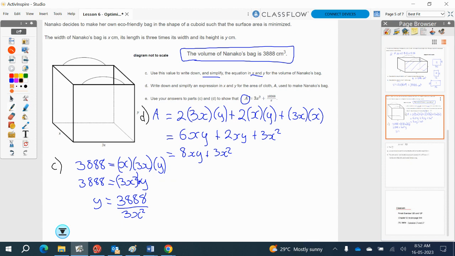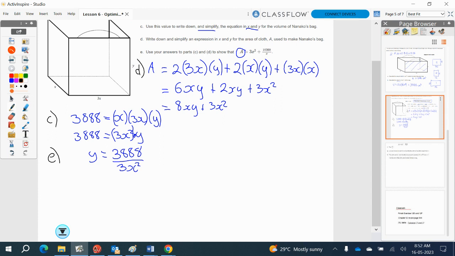We are on E. What we need now is to take this formula here and insert this. So the area is equal to 8x bracket 3888 over 3x squared, plus 3x squared. So we insert the constraint into the principal formula.